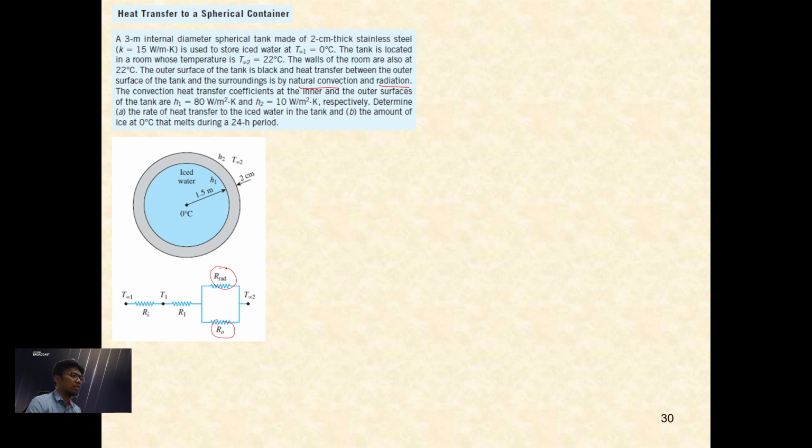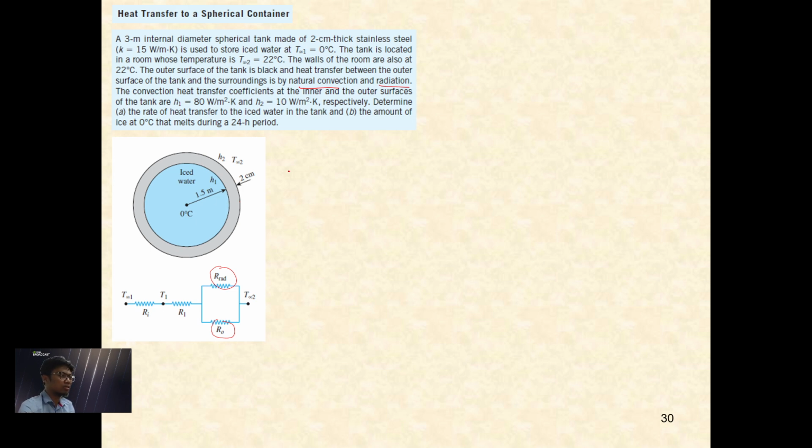If radiation occurs in your problem, the radiation is actually in parallel with your convection resistance. You cannot calculate it in series. If you calculate it in series, it is wrong.